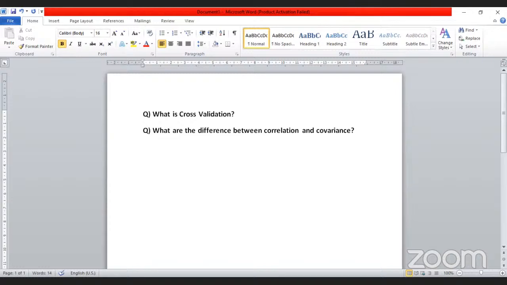Okay. So the difference between correlation and covariance is, firstly, both the terms are used to find out the relationship between two variables, right?